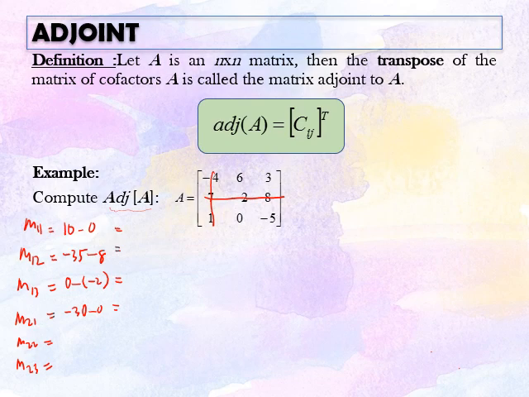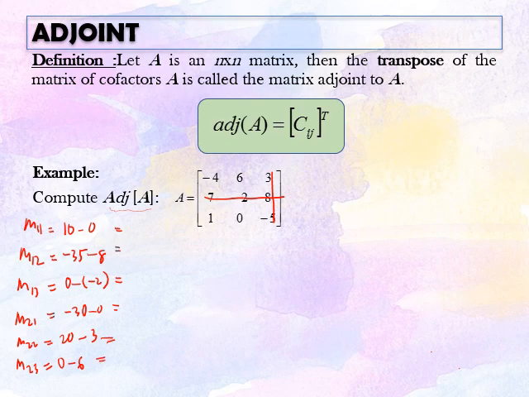And then M22 will be negative 20 minus 3, right? And M23 will be 0 minus 6.